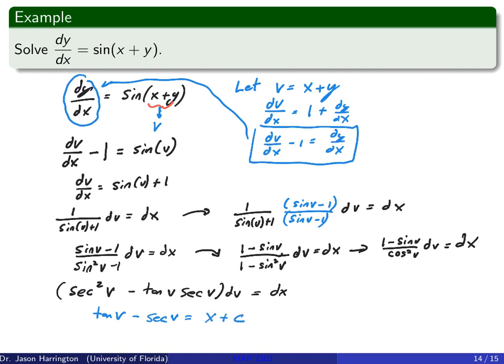And then we have to remember to put our substitutions back in. So for this, don't forget that v is equal to x plus y. So once we do that, then we're going to get tangent of x plus y minus secant of x plus y.